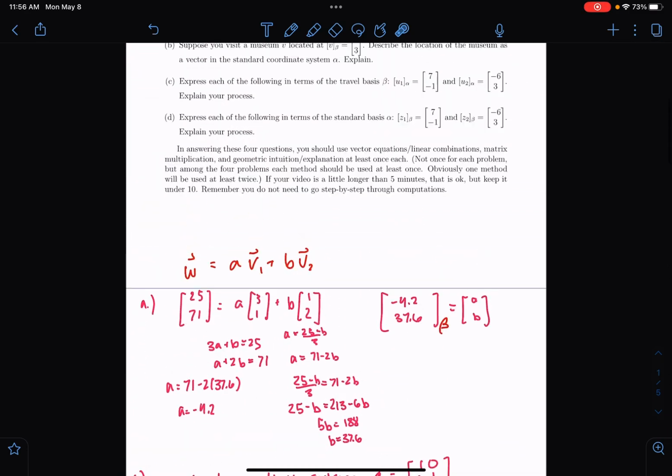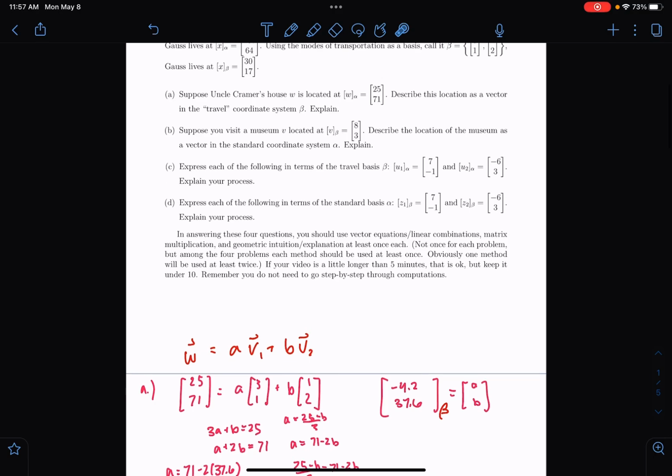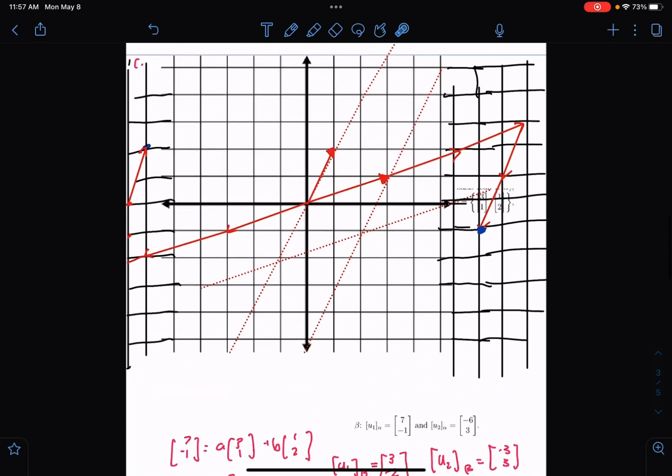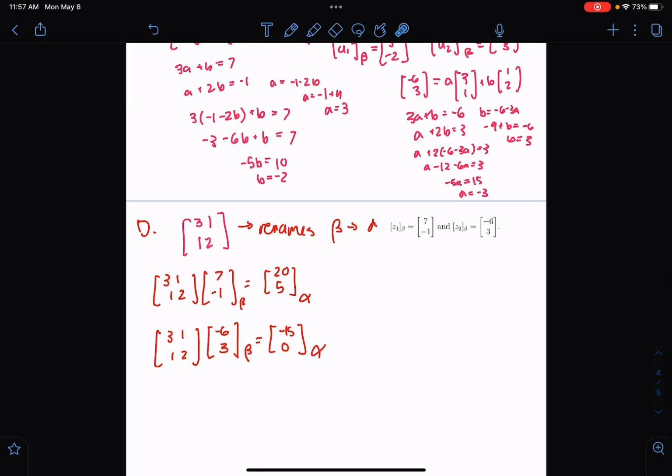Alright, and for D, expressing each of the following in terms of the standard basis, given these two vectors in the beta basis. So, like we said before, this matrix P, we called it in the previous problem, 3, 1, 1, 2, is going to rename the beta basis to the alpha basis.